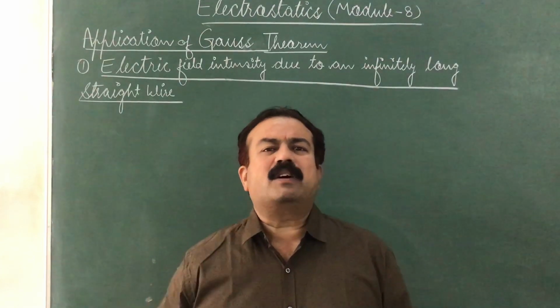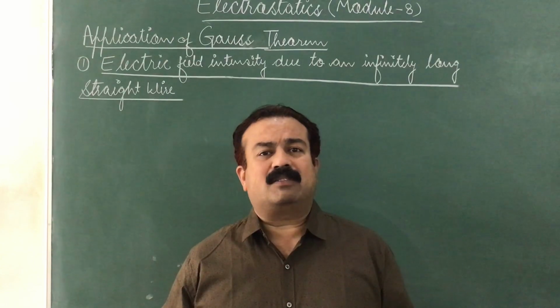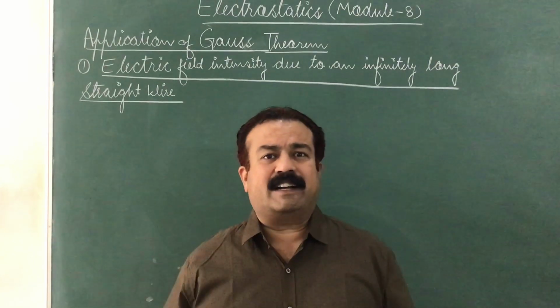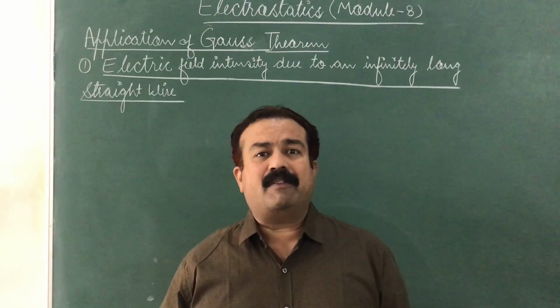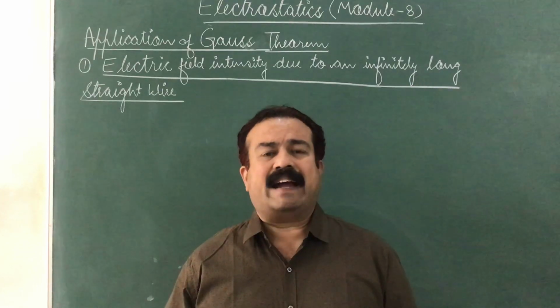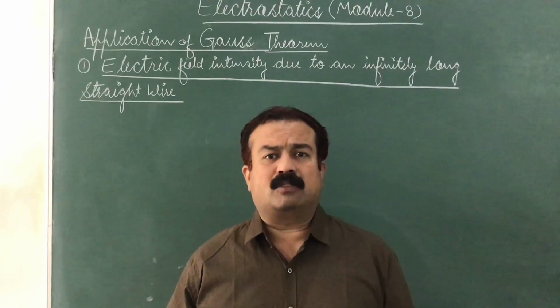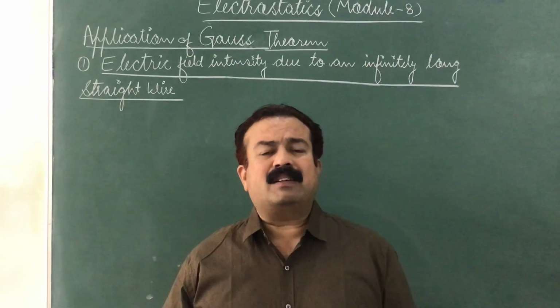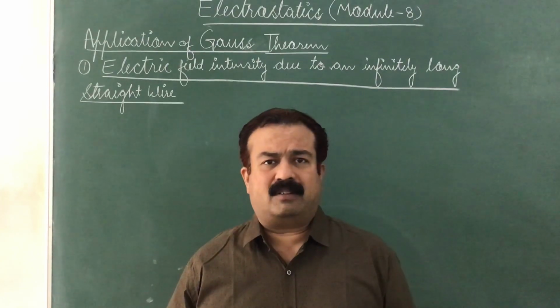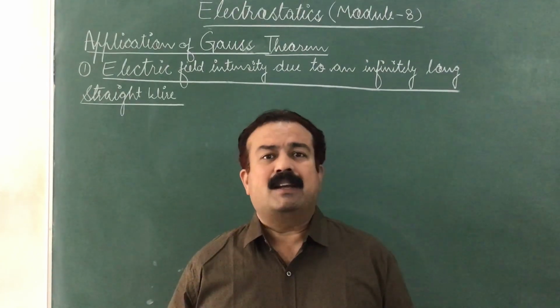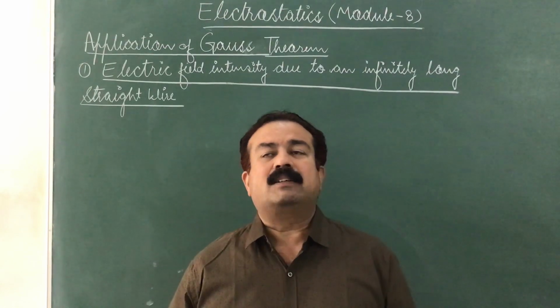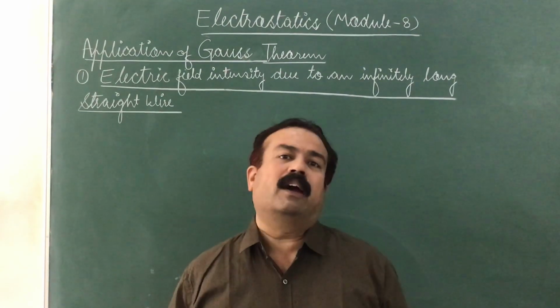If we have any charged particle and we bound it in a closed boundary which has a symmetrical shape, that will act as a Gaussian surface. It is an imaginary closed surface. It is not lying practically, but we will consider it as if it is lying here.